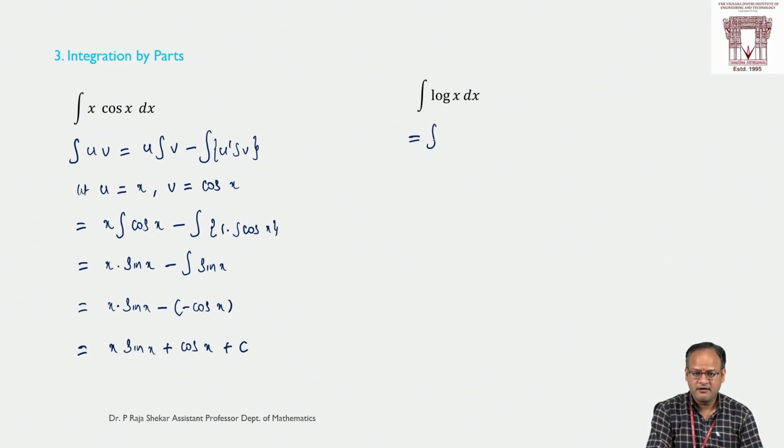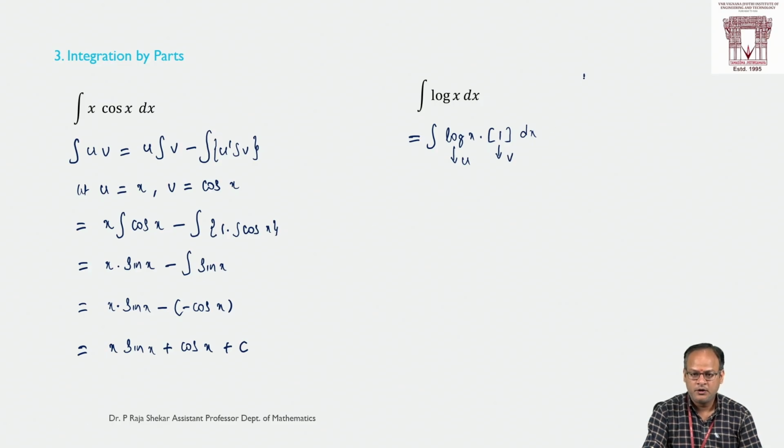We could rewrite it as log x into 1, so that log x is u and 1 is v. So once again, integration by parts.